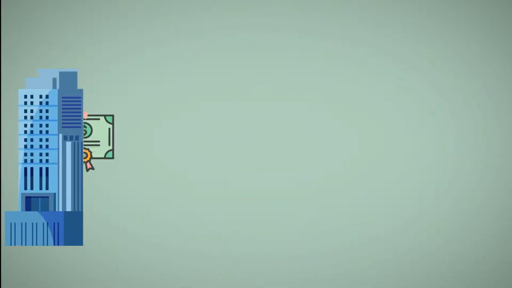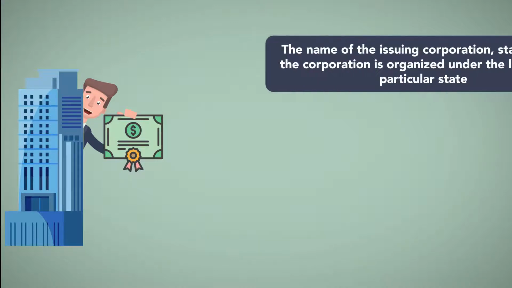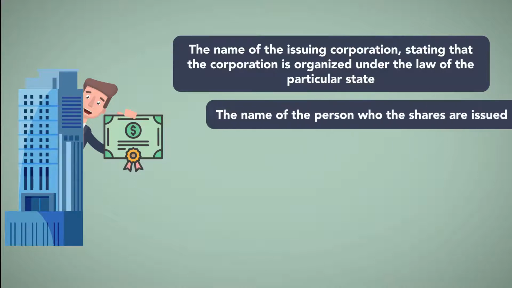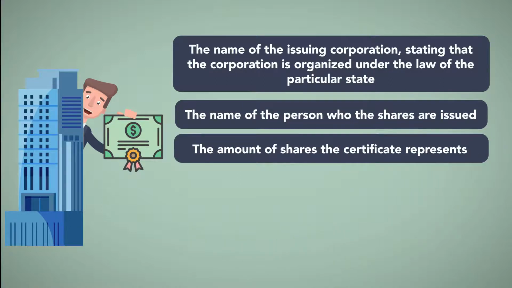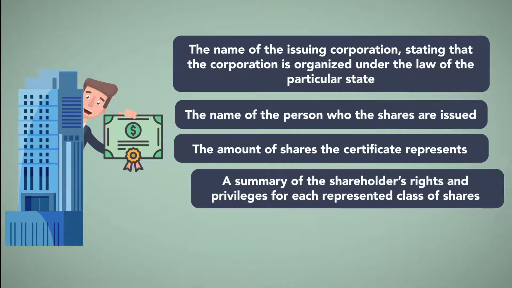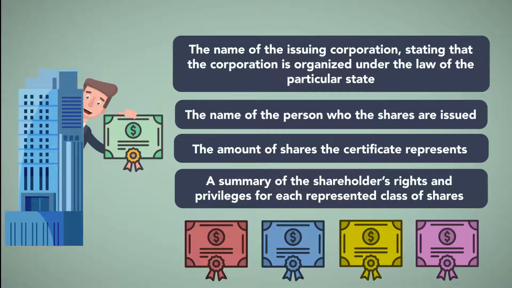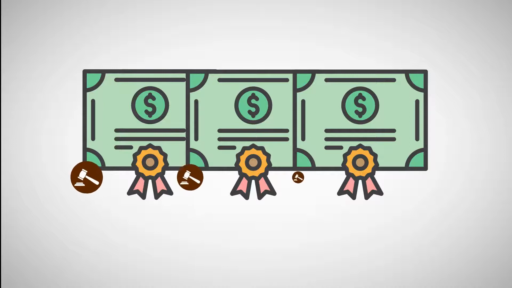A company that does issue shares in certificate form must include the following information on them: the name of the issuing corporation, stating that the corporation is organized under the law of a particular state, the name of the person to whom the shares are issued, the number of shares the certificate represents, and a summary of the shareholders' rights and privileges for each represented class of shares, if the corporation issues different classes of shares or different series within a class. To be effective, each certificate must be executed in accordance with applicable law.